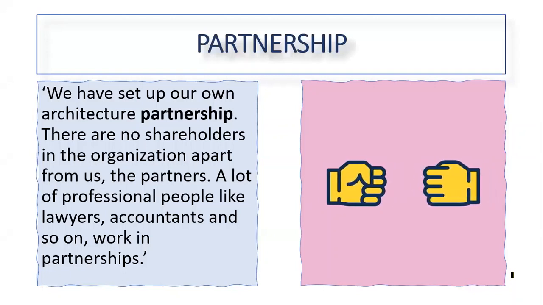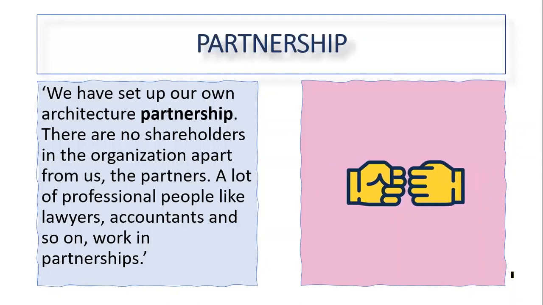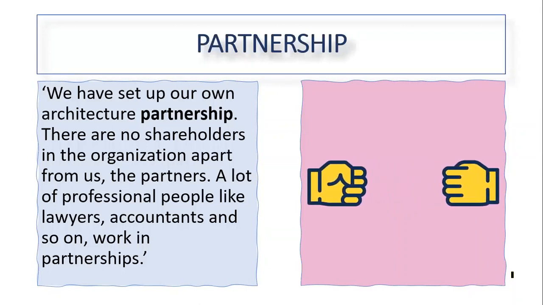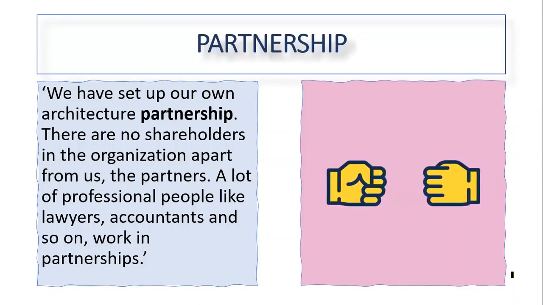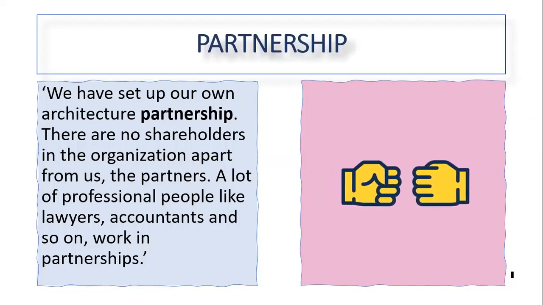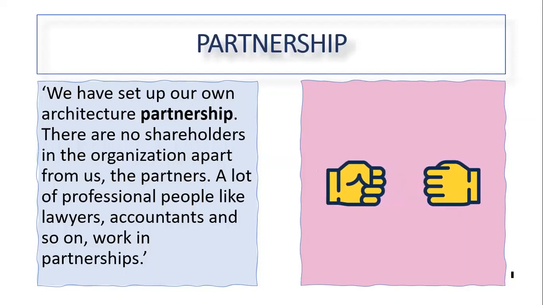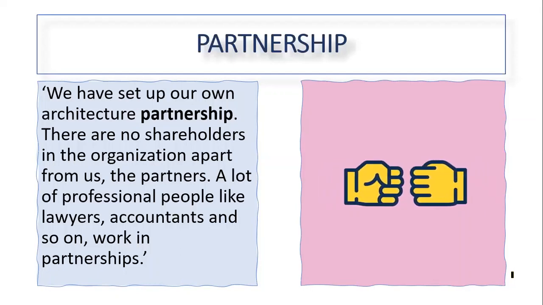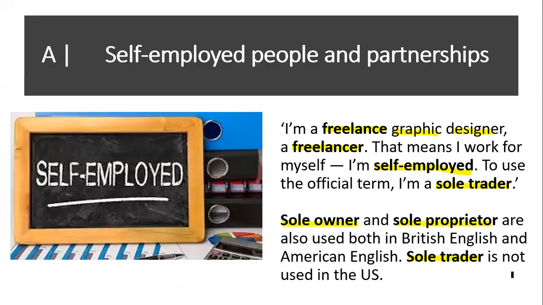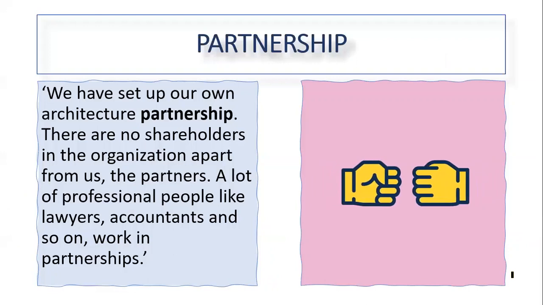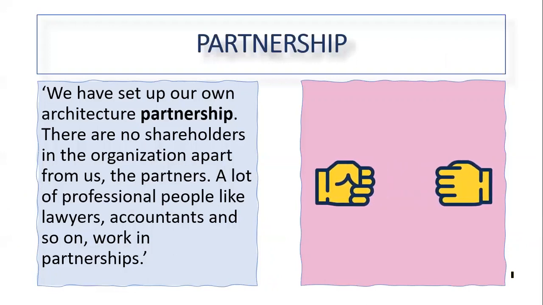A lot of professional people like lawyers, accountants, and so on work in partnerships. So basically it's when you have a friend and you both want to open a business, you do it together. That's it. So that's the biggest difference with self-employed. Because here you are by yourself, but in this case, you have a partner.